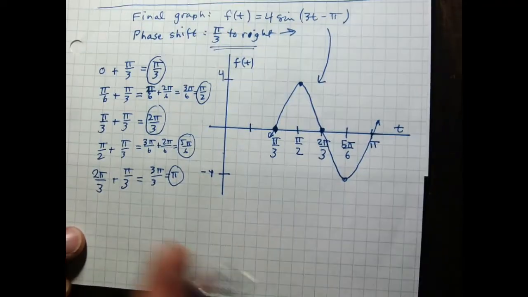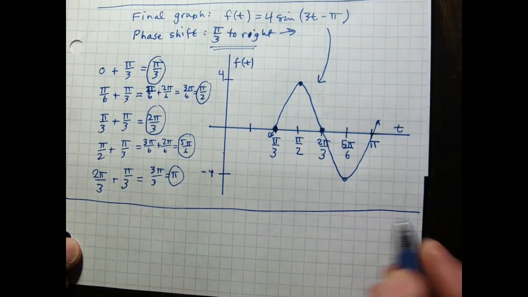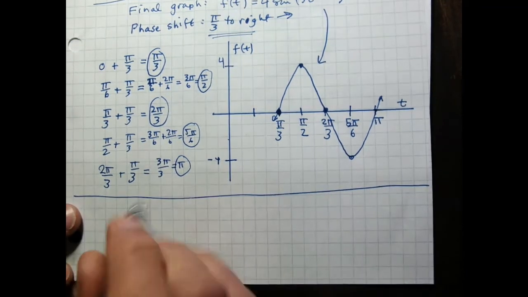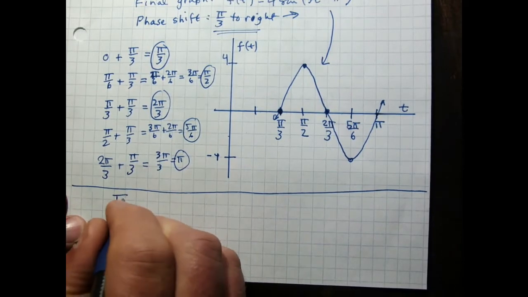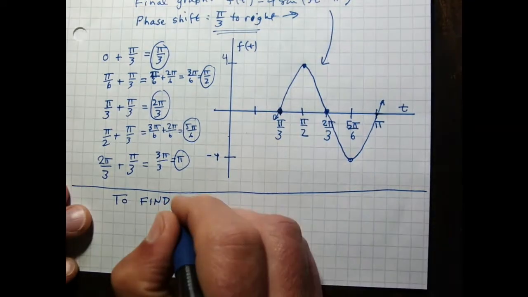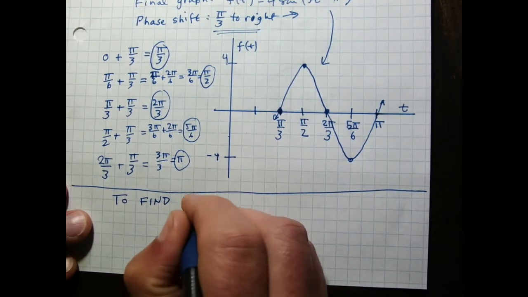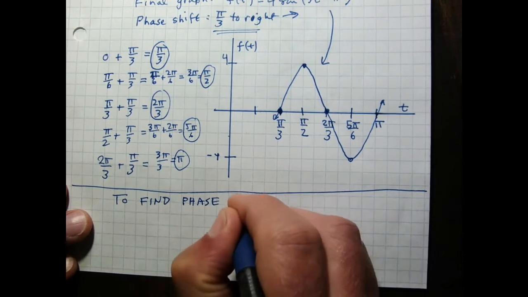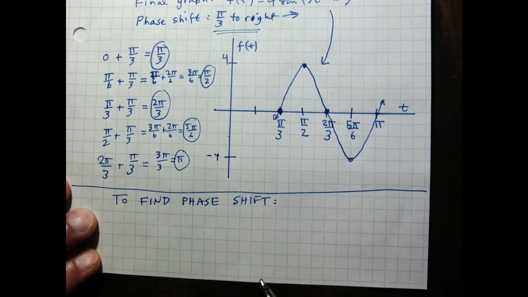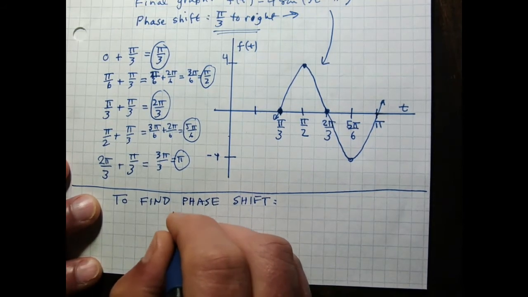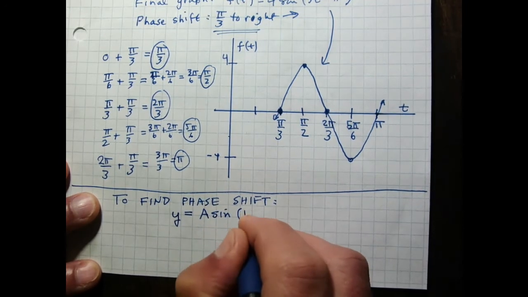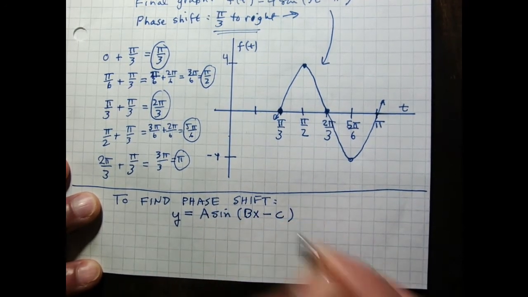Now, we're done with the problem, but let's just see how we can find that phase shift in an easier way without having to go through so much work. I don't mind doing the double parentheses of factoring. But if you do, I'll give you a formula here. So what we want to do is start with a formula that looks like a sine of bx minus c.